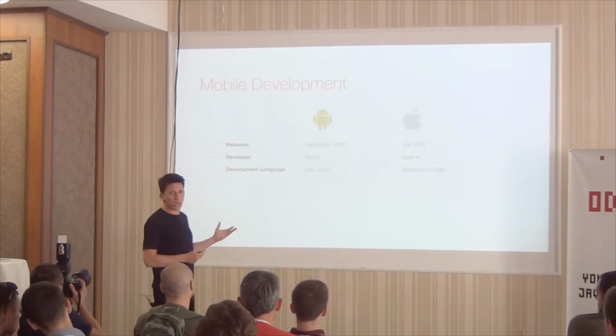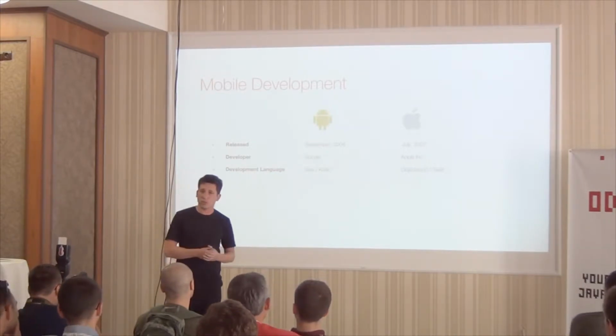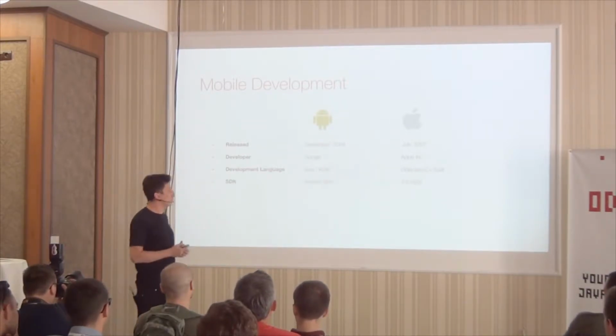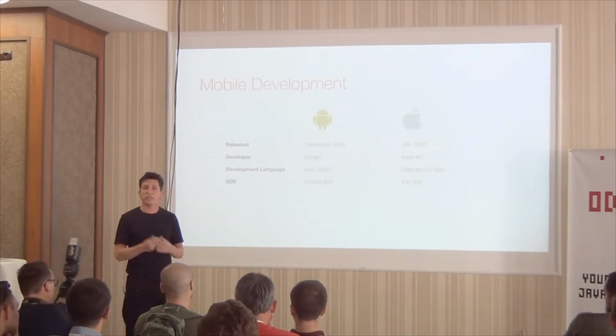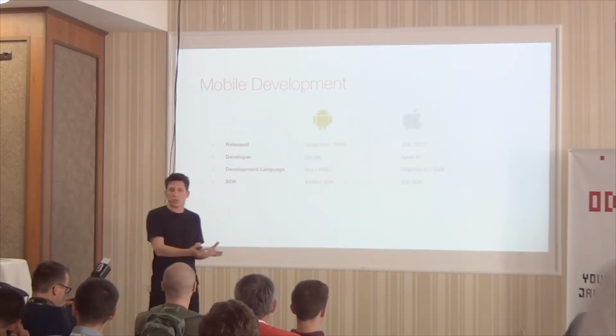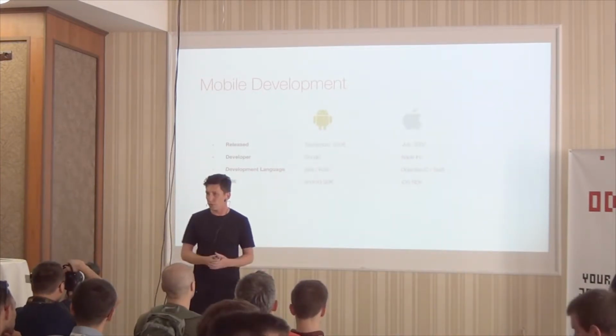In Android, we are developing in Java and Kotlin. In iOS with Objective-C and Swift. And Android and iOS provide us an Android SDK and iOS SDK to communicate with the operating system and provide us some components that we can use.